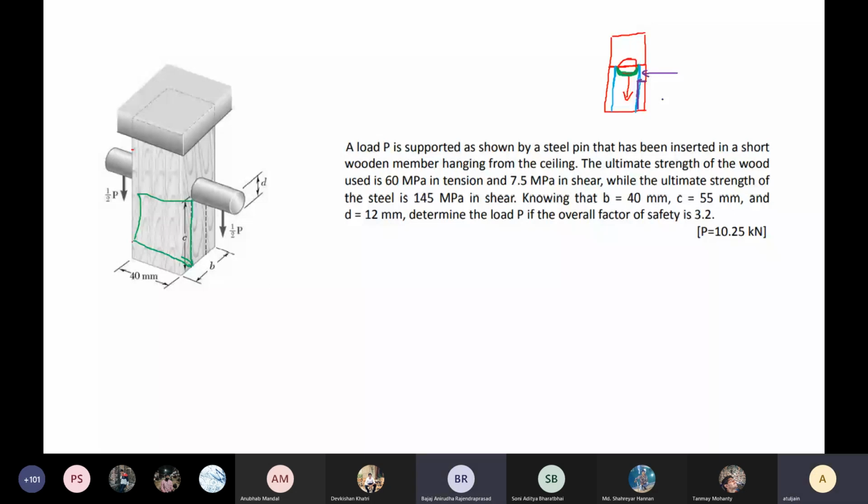So please solve it and tell me, if the load answer is given as 10.25, if I apply a load of 10.26, what will happen? Shearing of the wood will fail.